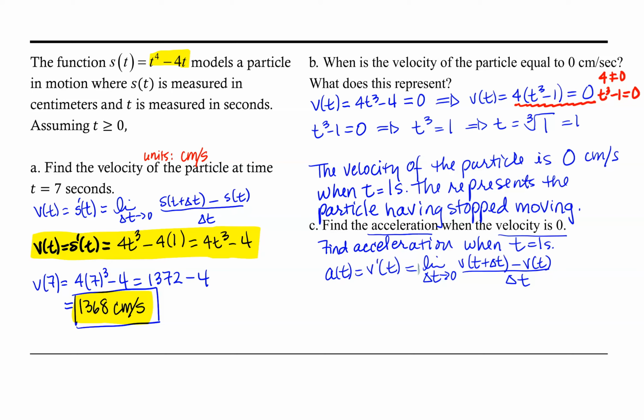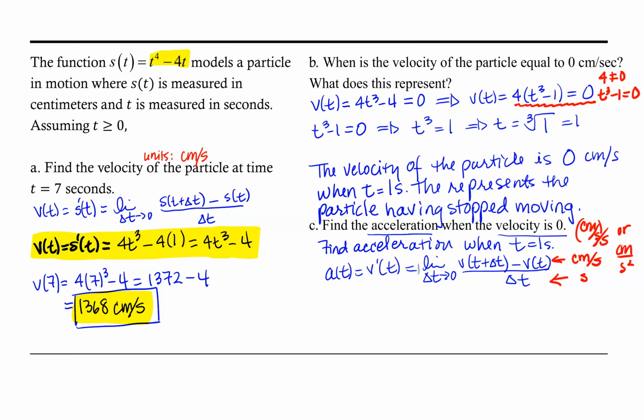Now the reason I went ahead and wrote that out is to focus on units. So the units of my numerator are velocity units, and we saw that our velocity units are centimeters per second, and the units for my denominator are seconds. So the units for my acceleration should be centimeters per second per second, or you could say centimeters per second squared.